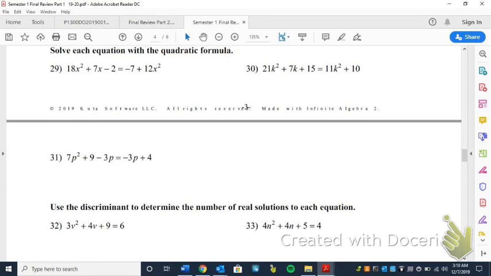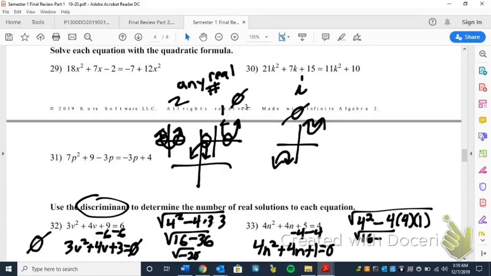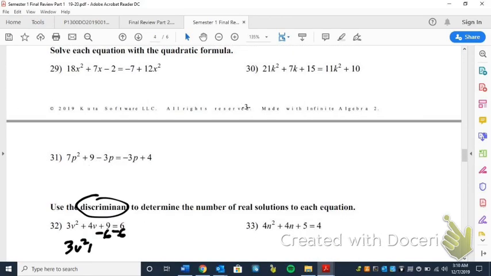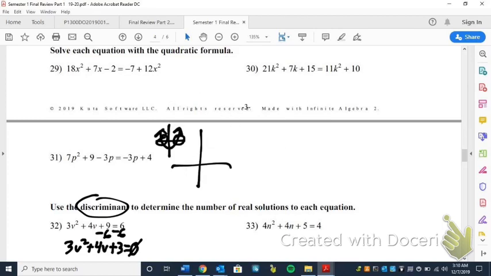So 32 through, we're using the discriminant to determine the number of real solutions. I drew little diagrams to show what this looks like. If it looks like that, I have a graph that goes through in 2 places.